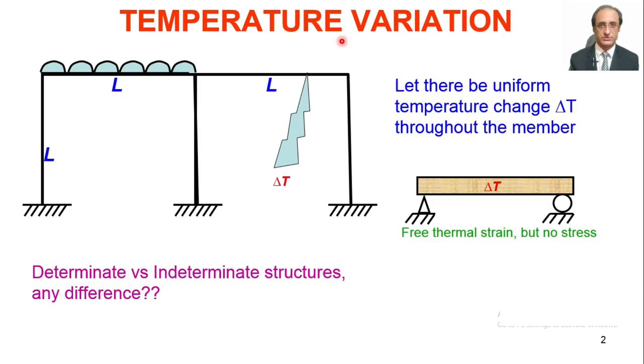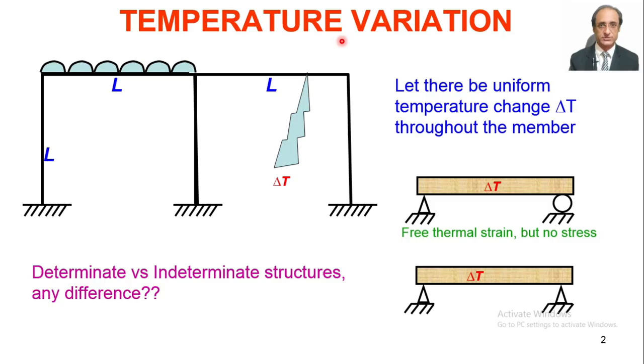This is true for a determinate truss also. On the other hand, if the structure is indeterminate, that is, it has restraints over and above the minimum necessary, then any temperature variation will give rise to stresses. So this is the difference between determinate and indeterminate structures: in determinate structures, there will be free thermal strain but no stresses.